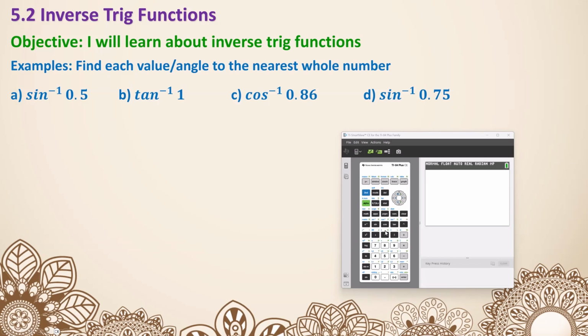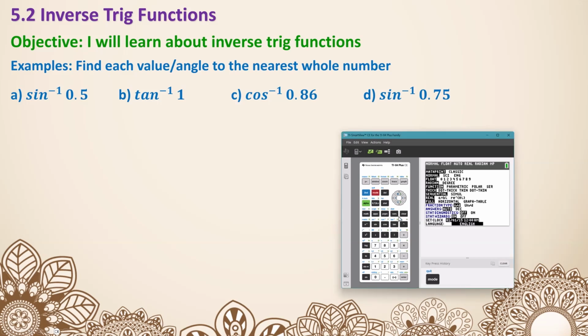So the first one, inverse sine of 0.5, we do want to make sure the mode is actually in degree. Oh, I forgot to actually click enter. We're going to need to change it to degree, then clear.